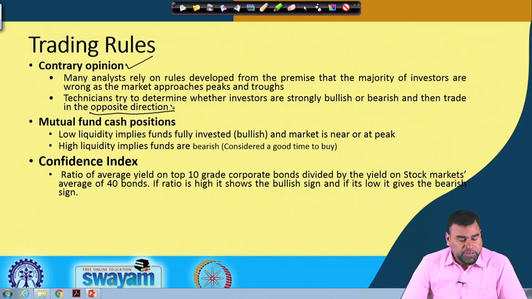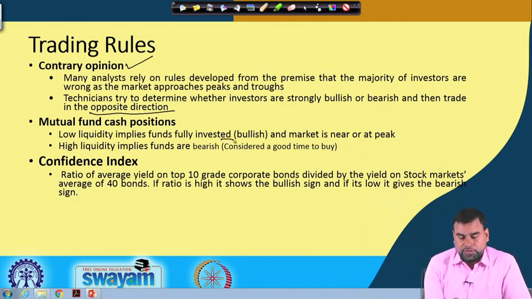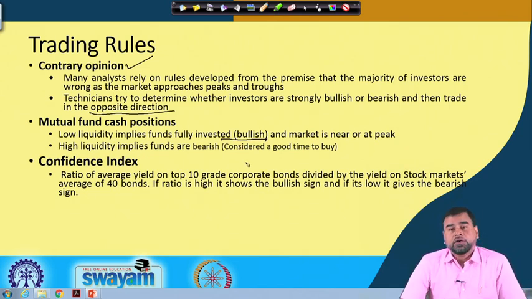If there is low liquidity or a low amount of cash available with that particular fund, that means the funds are fully invested and the market is already bullish. That is why the fund is invested and the market is near or at the peak, because this particular fund manager has not kept any money or any liquid cash in that particular fund.